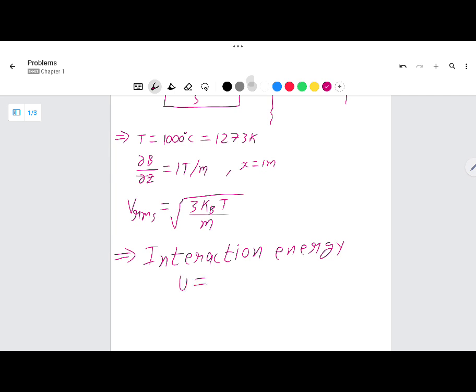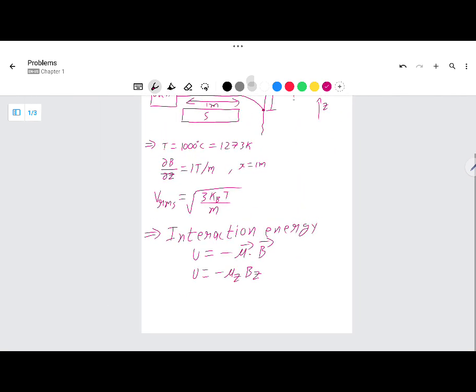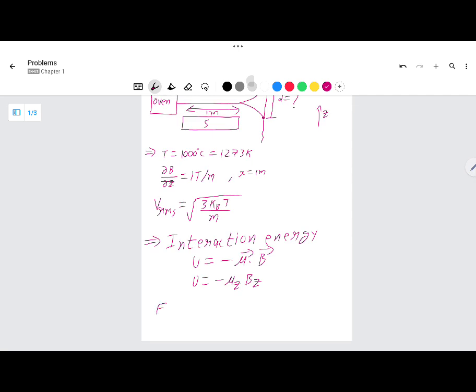And how do we find this? In our case, the magnetic field is along only the z direction, so we can write this as minus mu z Bz. So the force is, as we know, the negative gradient of U. So that will give me this.